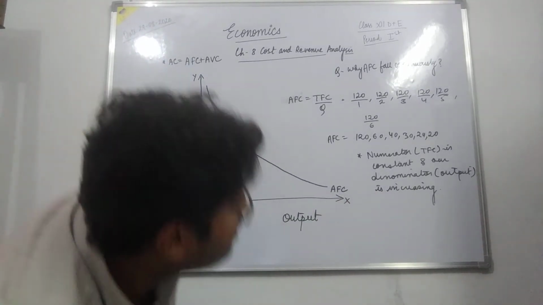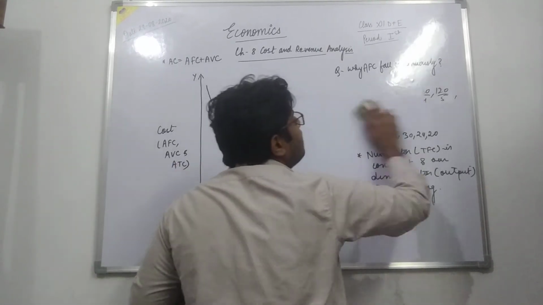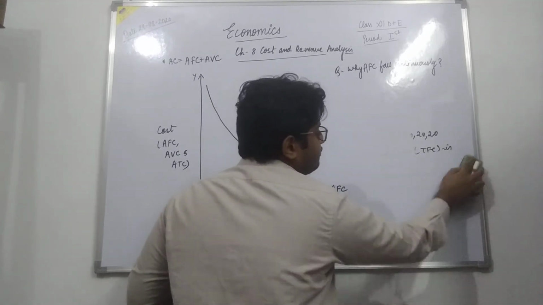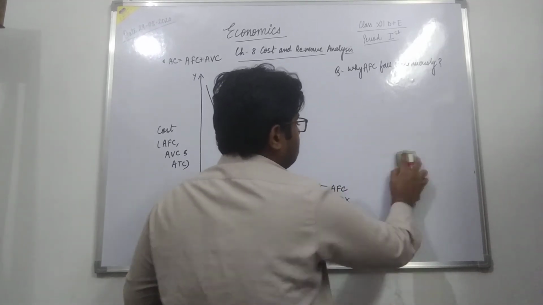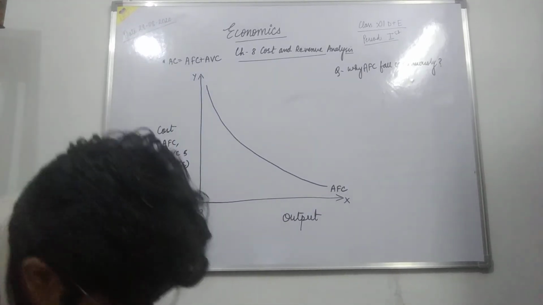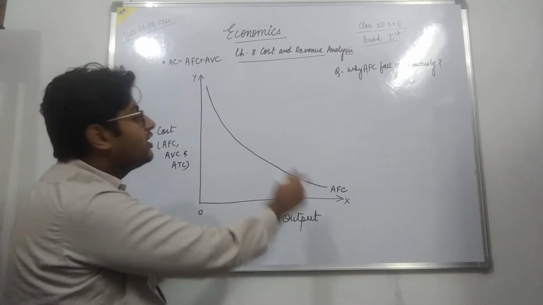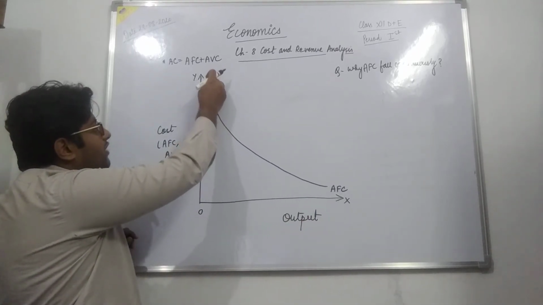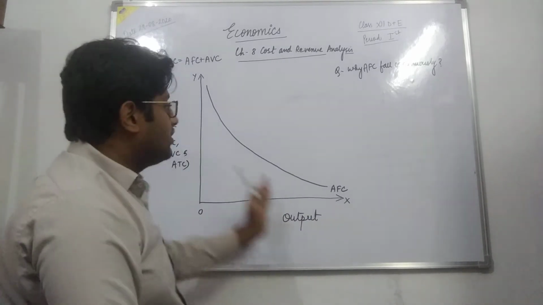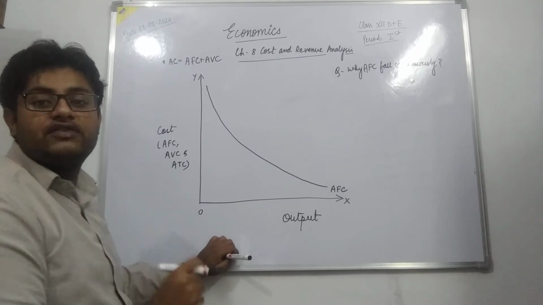Alright, this was the first question regarding the average fixed cost, which has been asked many times in your exams. Now coming to the other thing, you can see that although average fixed cost is falling, from left to right it is continuously falling, but it is not touching either of the axes.